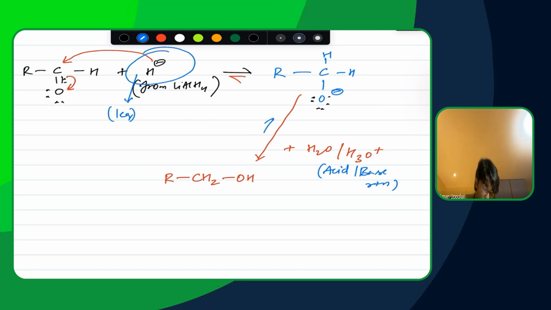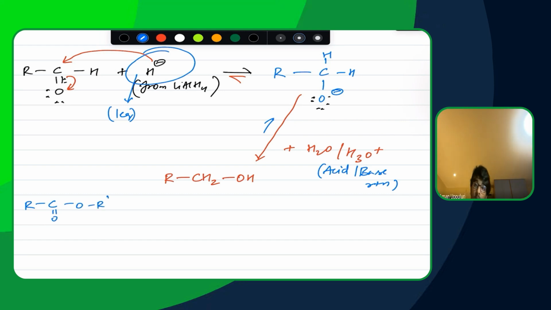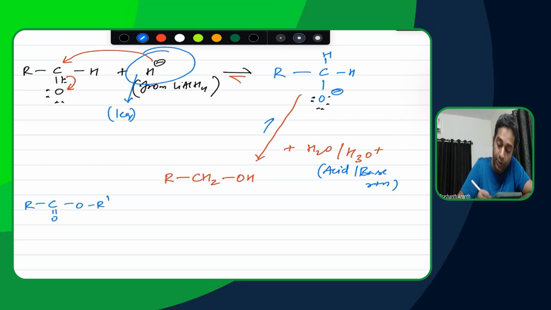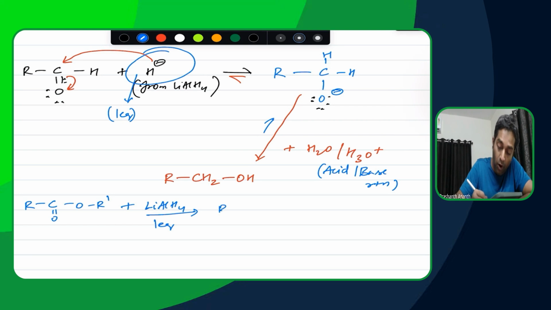But then he gave us... Wait a second, let's finish off, then you compare. So basically, if we have an ester, RC double bond O R dash, and I hit it with LiAlH4 with 1 equivalent, I will end up having the product RC double bond OH plus R dash O minus.